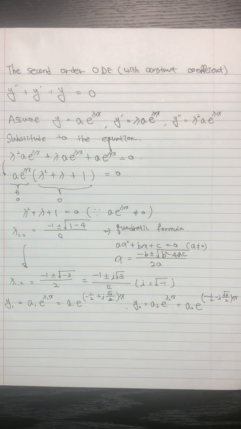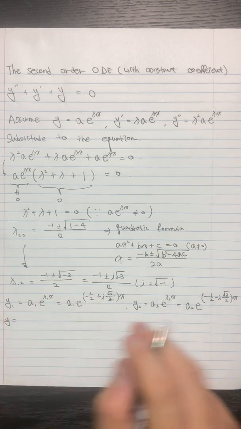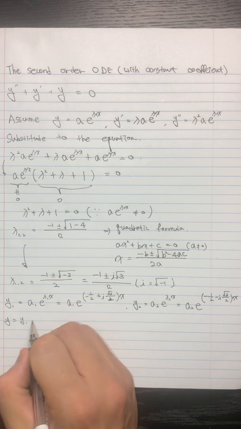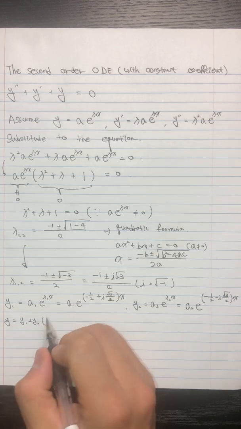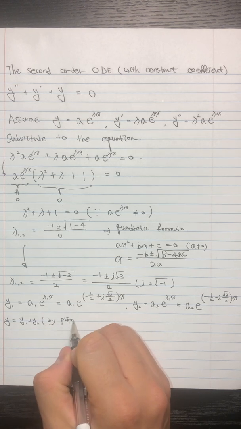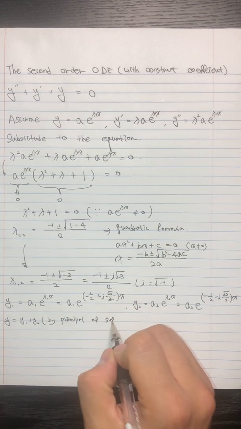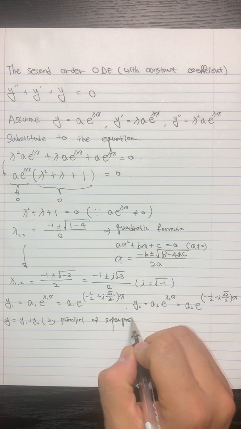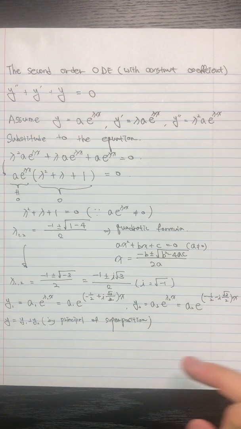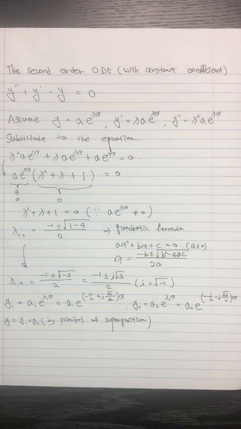So we can add all the answers by using the principle of superposition. How can we use this principle? Because this equation is linear, right?